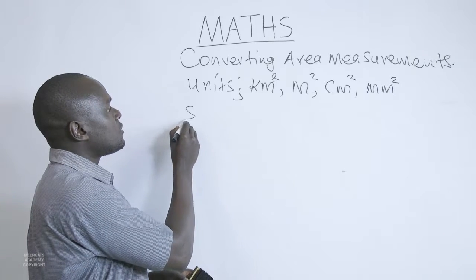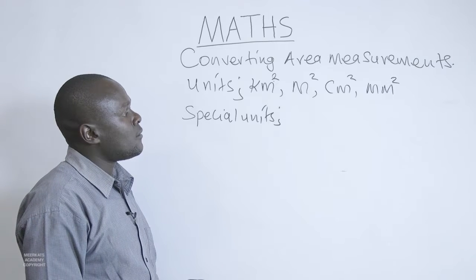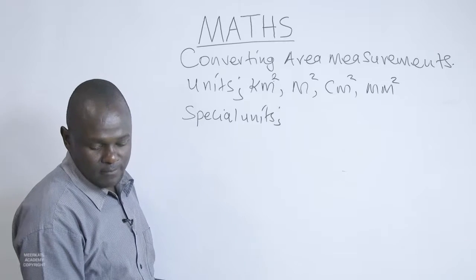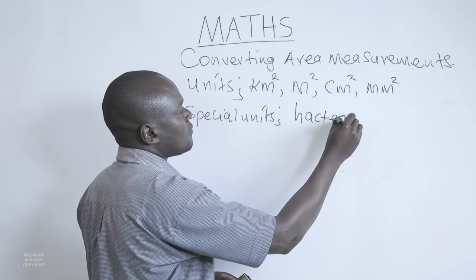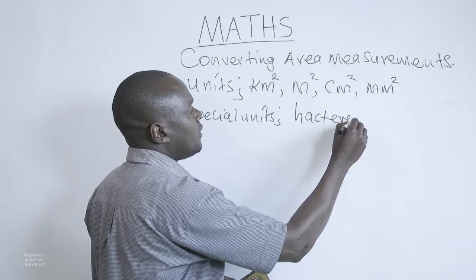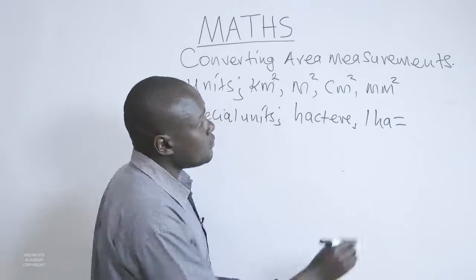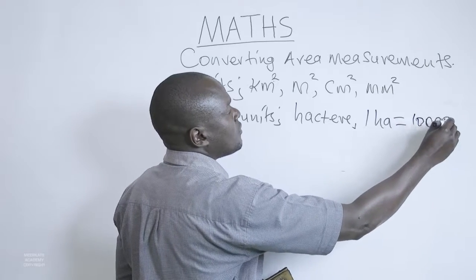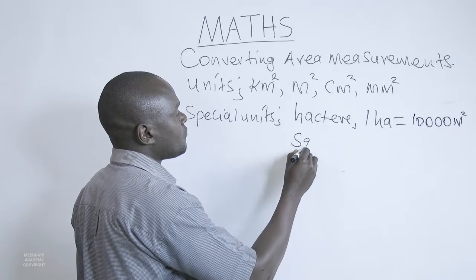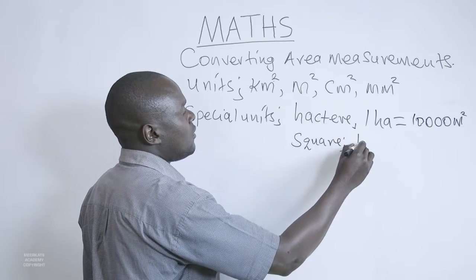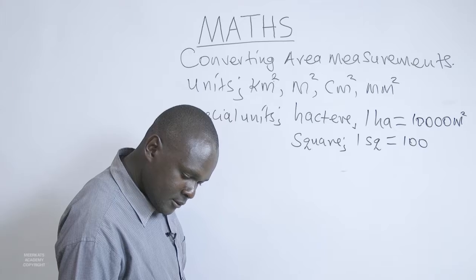We also have some special units, special because they are not used commonly, and some of them are like hectare, whereby we can have 1 hectare being equal to 10,000 square meters, and we also have square, where 1 square is equal to 100 square feet.